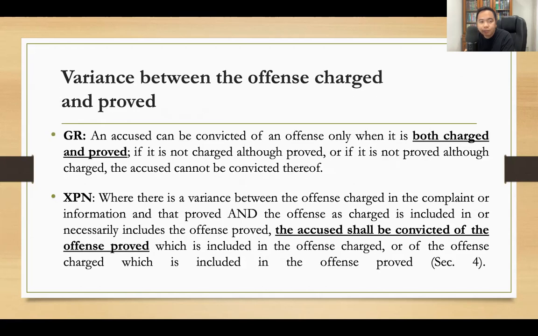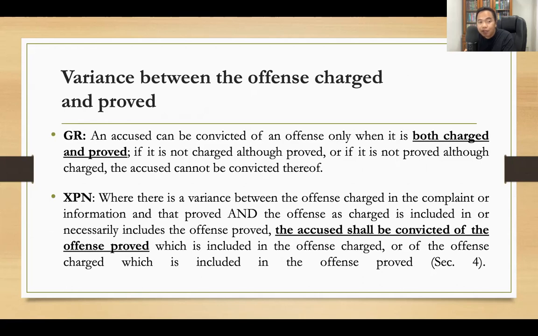Now, what if the offense charged is different from that which is proved? So, for example, the crime charged is theft, but during the course of the trial, the testimony has established the crime of robbery.